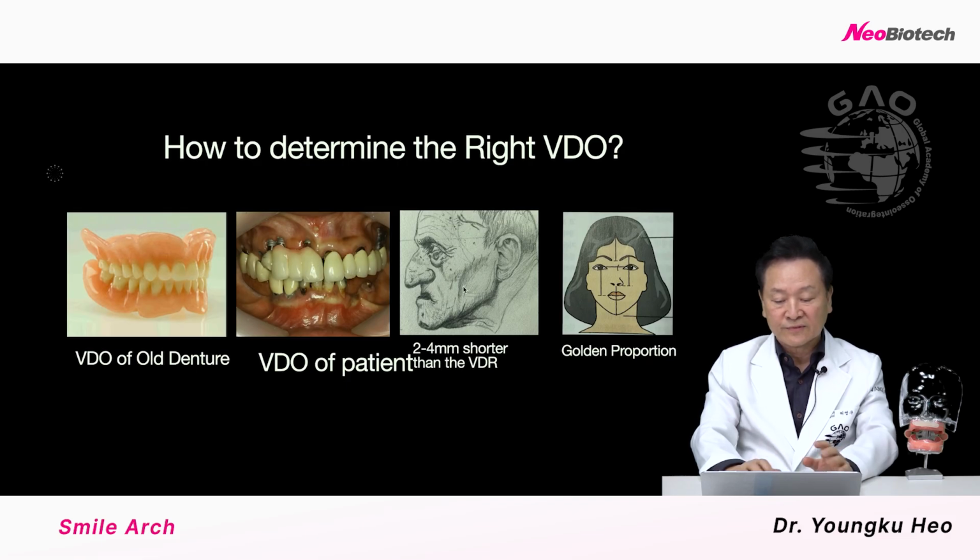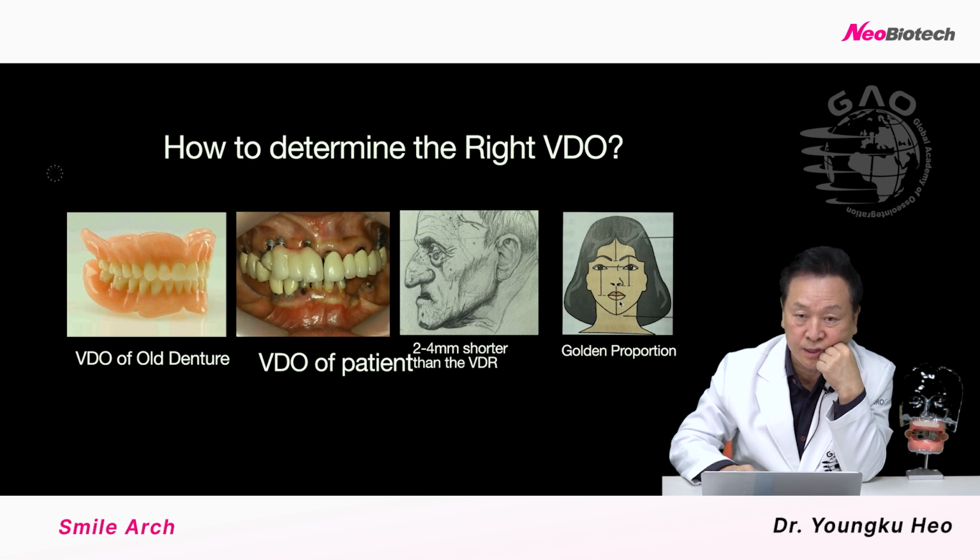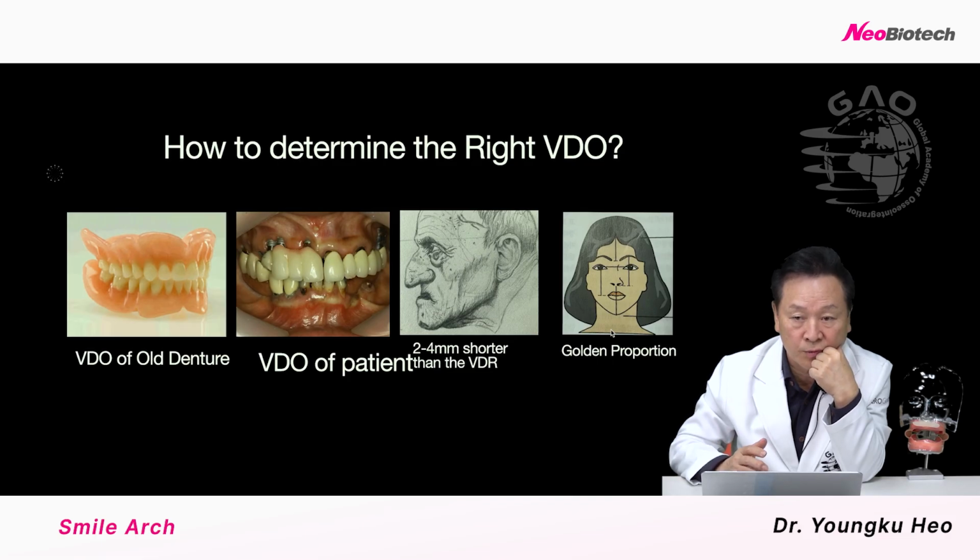And if there's no information at all, we can use the rest position, 2 to 4 millimeters shorter than the vertical dimension of rest position. And also, one of the ways to determine the vertical dimension is the golden proportion. I want to focus on the golden proportion here.